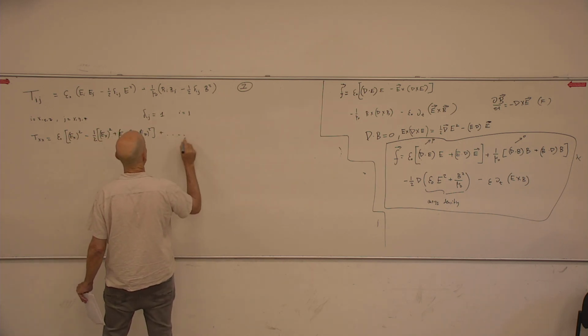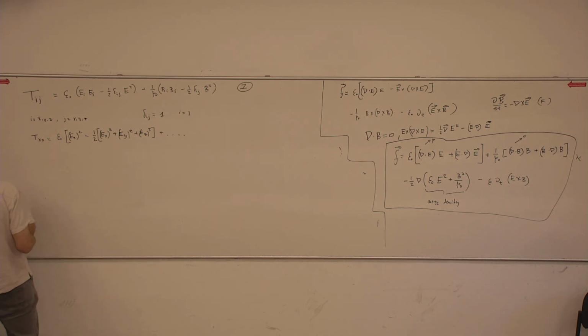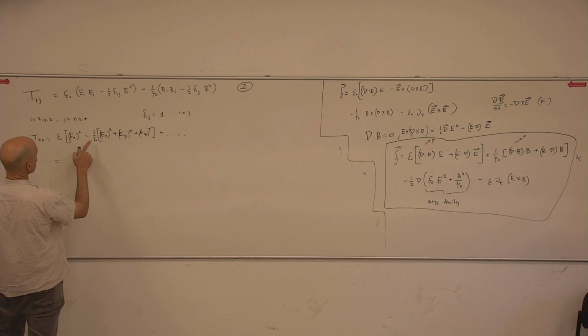Plus magnetic terms, which are identical. So you see what happens here with this minus half and this plus half.